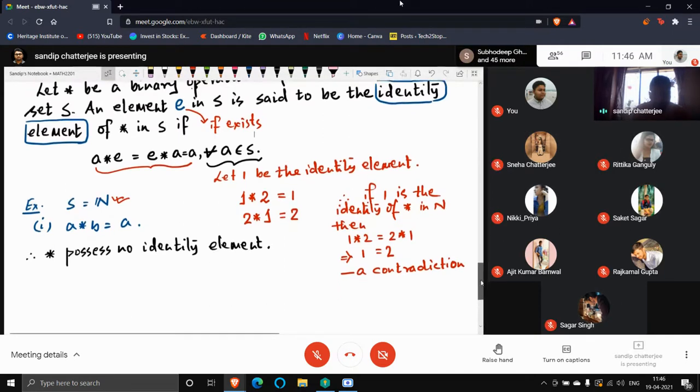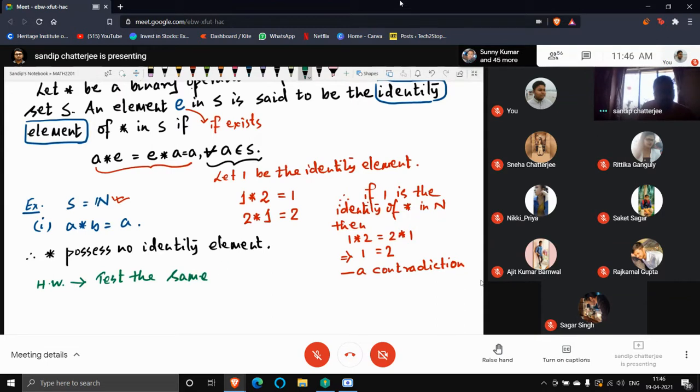So your first task, your first homework after this class, will be to test the same for the other two examples that I have given. Two means test the same for our notation or symbols, which were something like this and this, right?